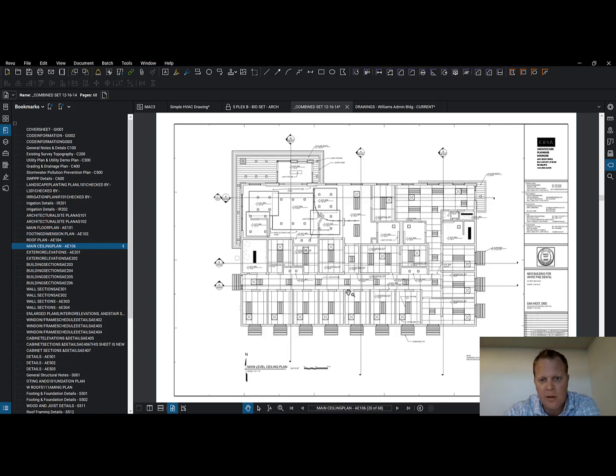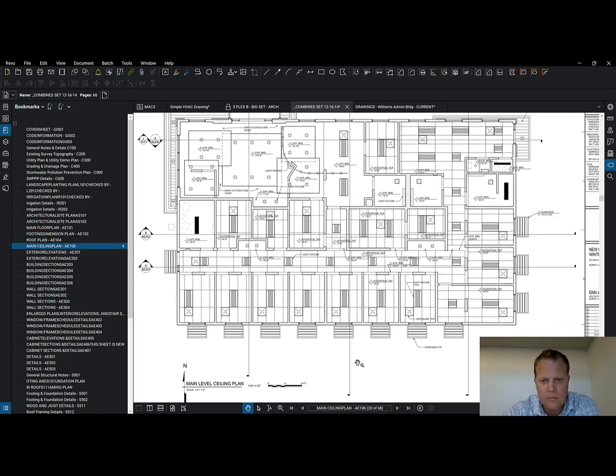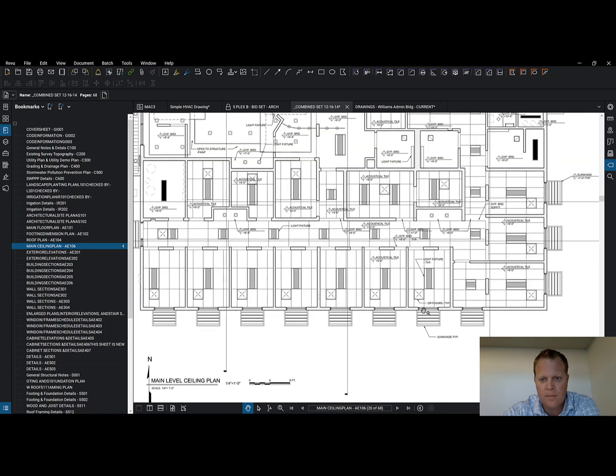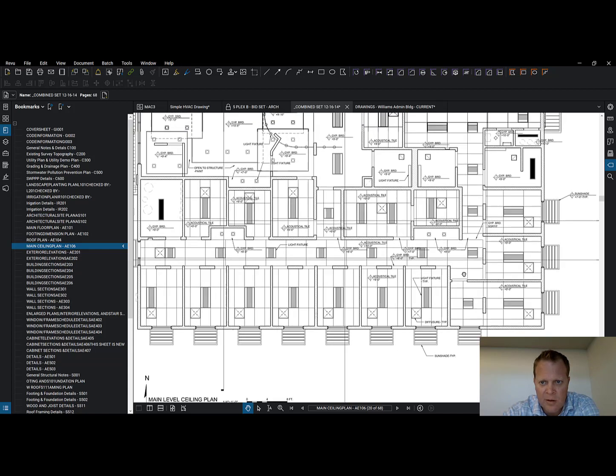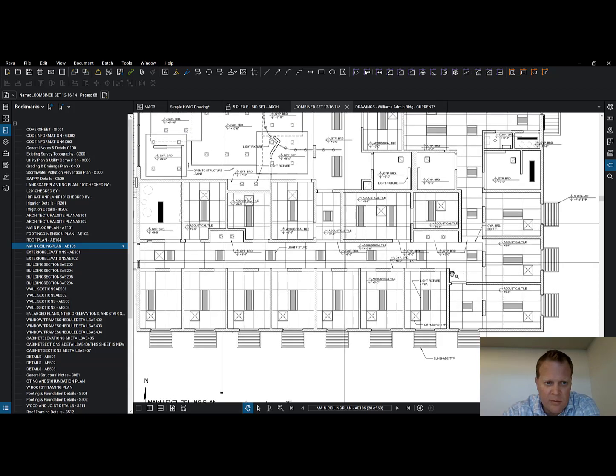Main ceiling plan, there we go. Diffuser, diffuser, diffuser. Those are like registers, but in the ceiling. And I don't see any return air grills, but they got to be here somewhere.